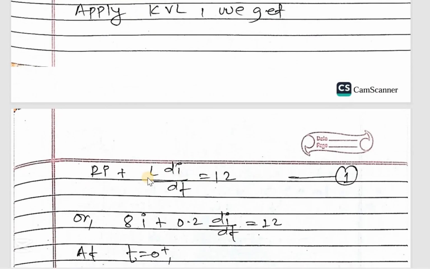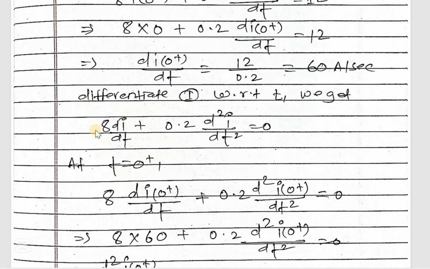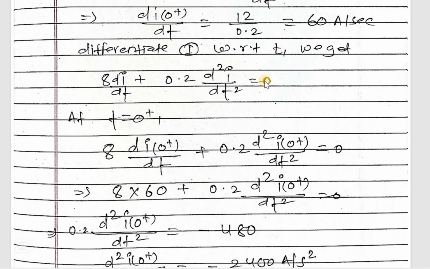And again we have to differentiate equation 1. Differentiating equation 1, we get 8 di upon dt plus 0.2 d square i upon dt square equal to 0. This is the value of V, so when we differentiate, the constant is 0.